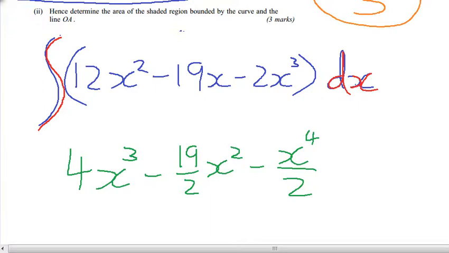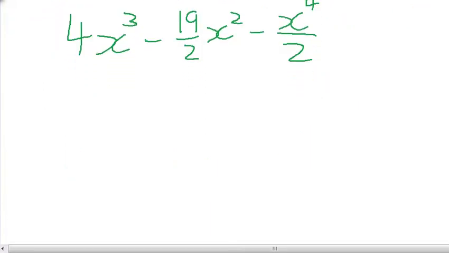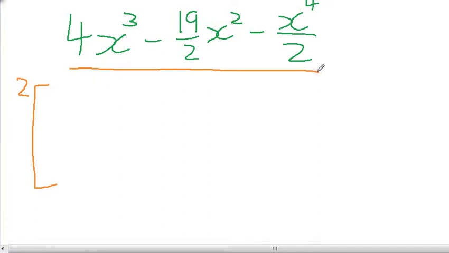Now let's bring back the 2 and the 0. So let's work out what we get from this when we put 2 in as x. So x cubed is 8 times 4 is 32. Then we go to x squared is 4. 4 times 19 over 2 is 38, so minus 38.